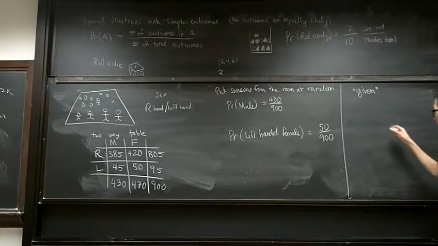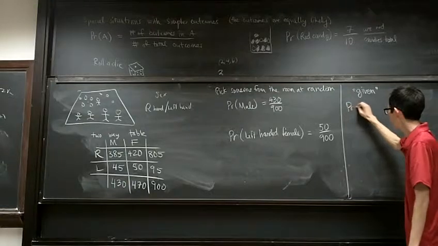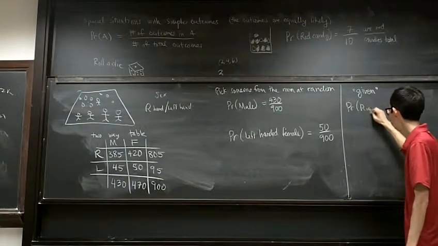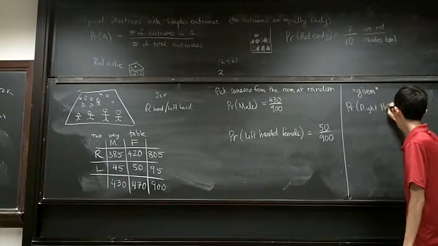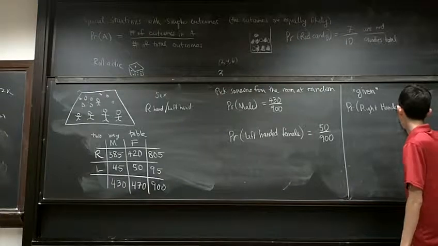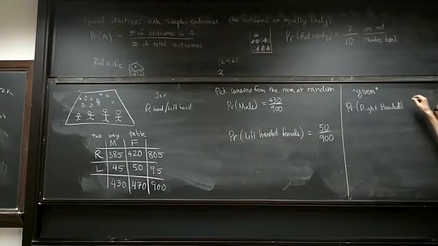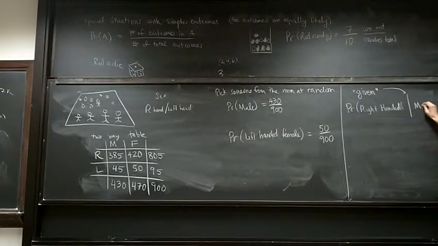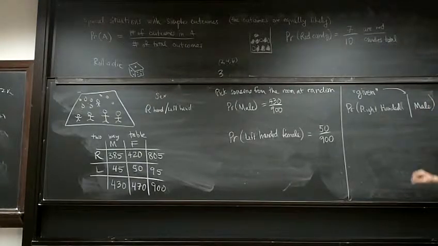So I could say, what is the probability of picking a right-handed person, and I'm going to write given, this vertical bar stands for given, that this person is male. So this means I'm limiting myself only to the males.